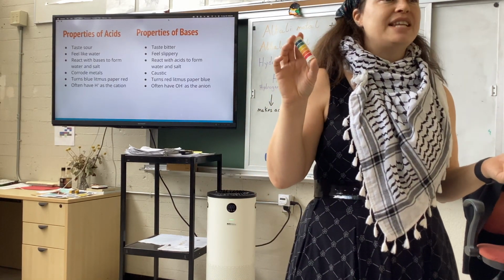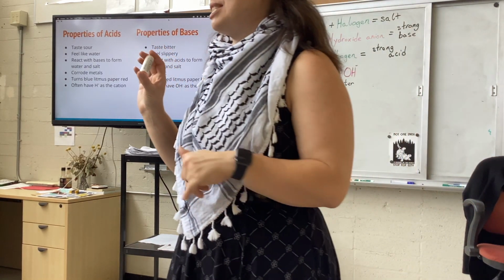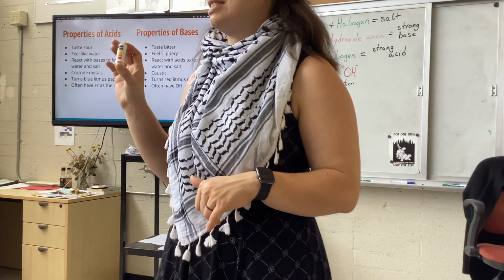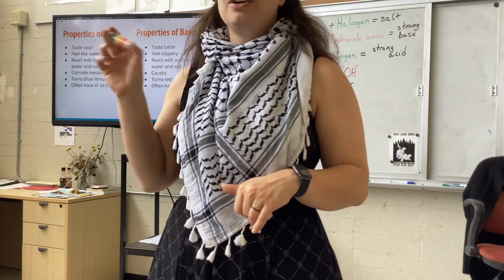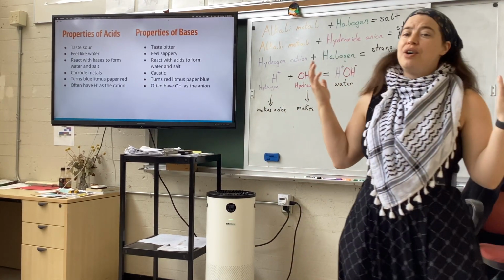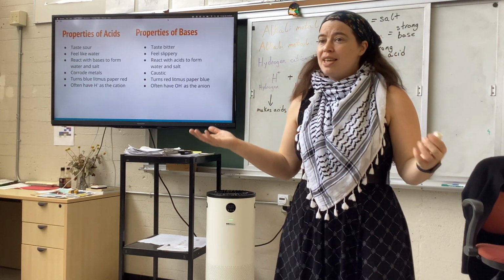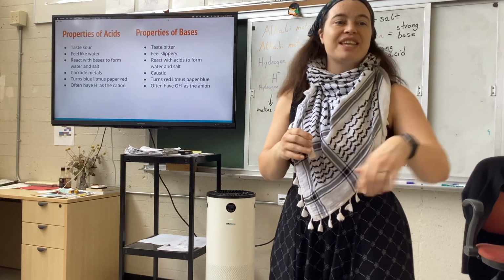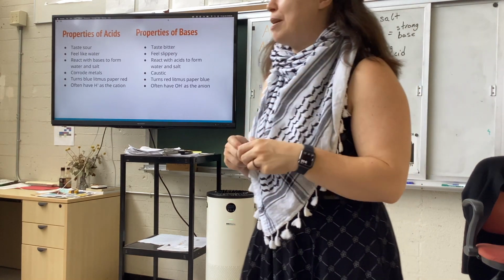But some of you might end up with a blue one rather than a green one, because these are not precisely mixed, so if I got you a little bit more basic solution, you might end up with blue. So this is stuff called litmus paper, and it changes color. If you want to, you can do a little bit of experimenting with this.